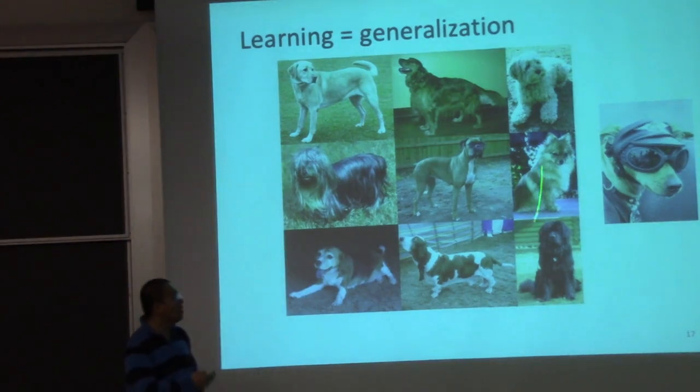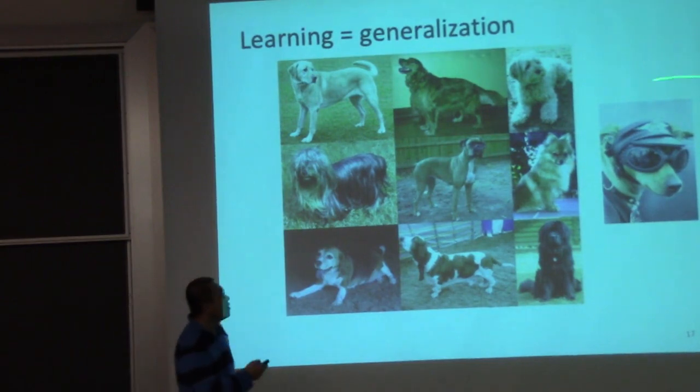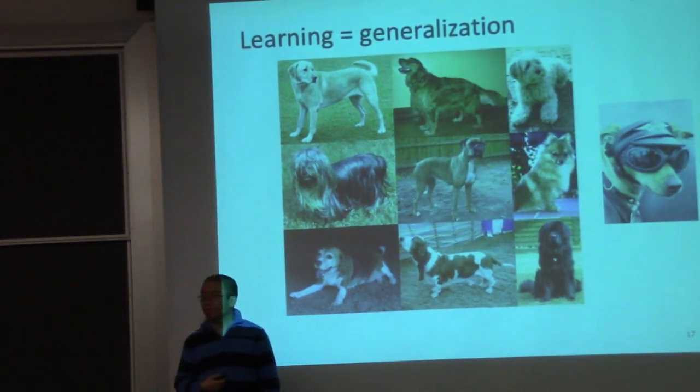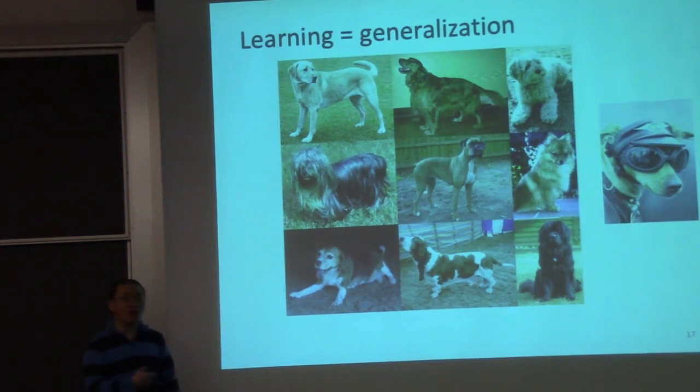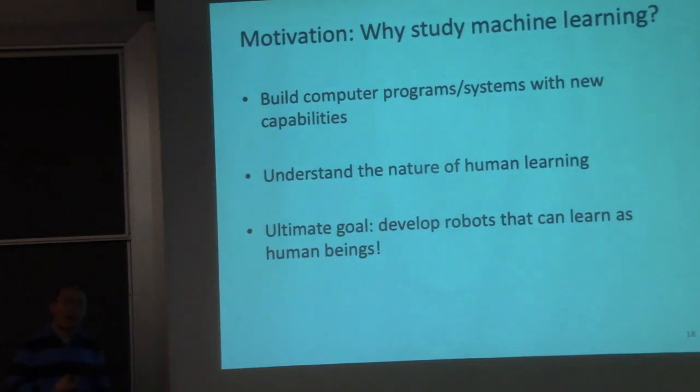So what is learning? Learning is essentially a way to acquire generalizability. If you simply remember all of the training examples, you won't be able to identify a new dog. So why should we study machine learning?